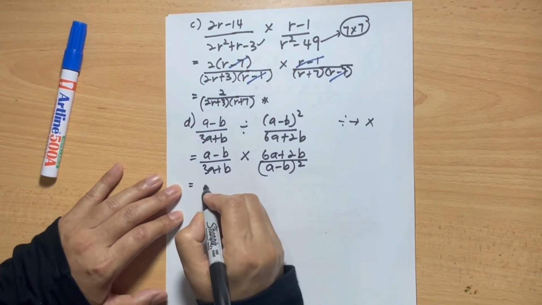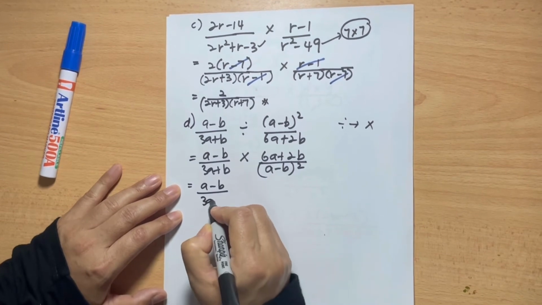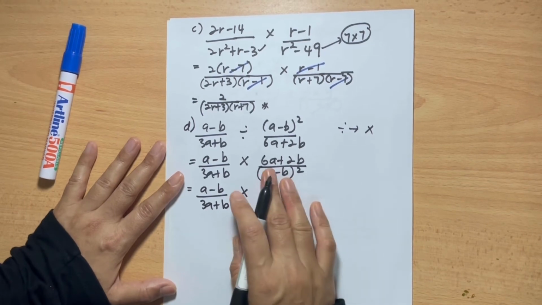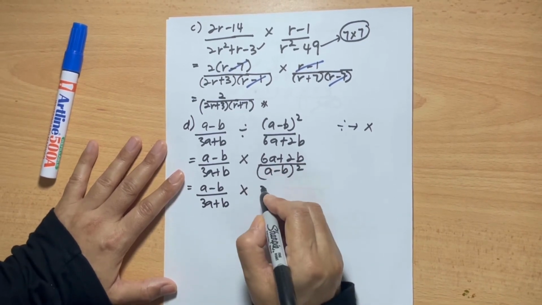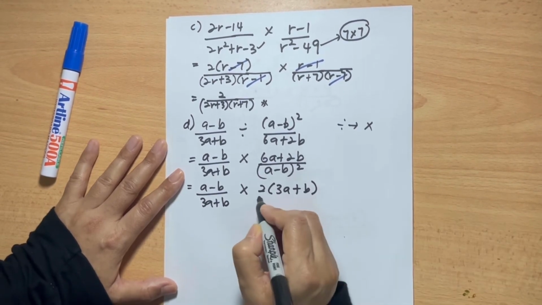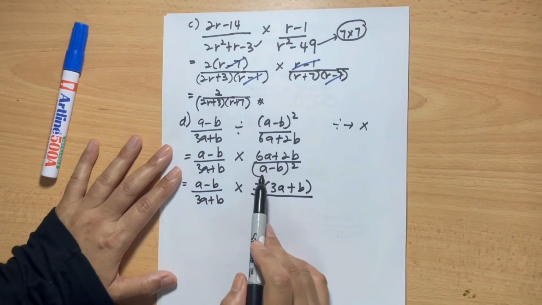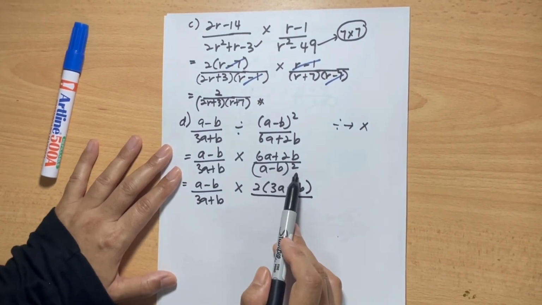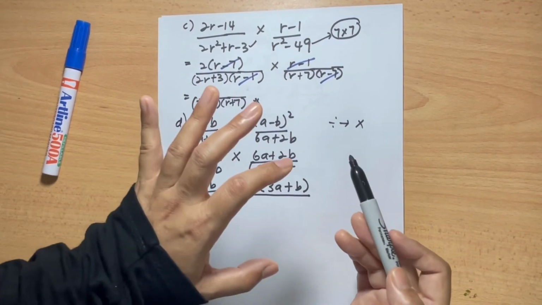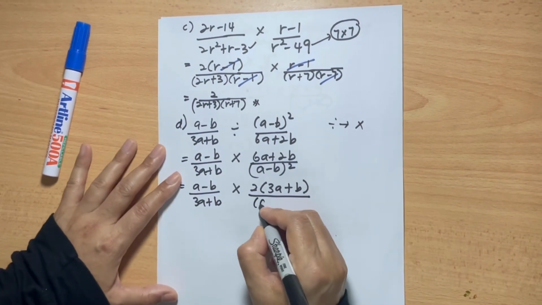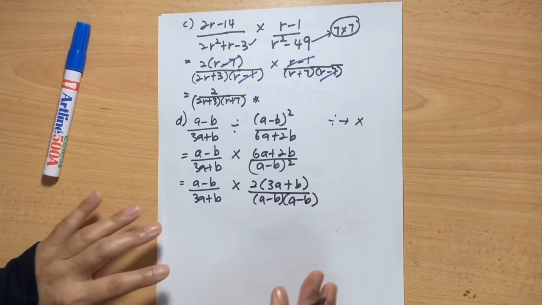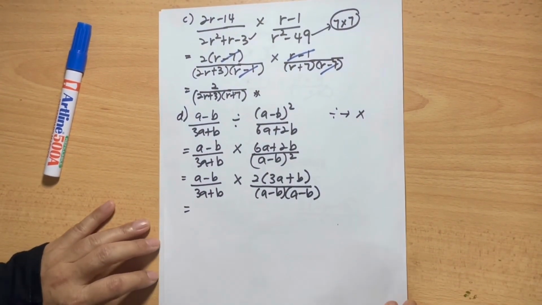Again, we have 6 and 2, so we can take out 2, becoming 3a plus b. Here we have a minus b squared, which means a minus b, a minus b, double. Alright, so you're going to do the cuttings.